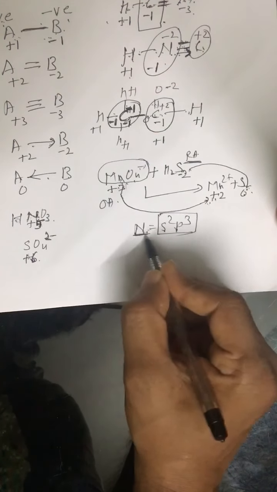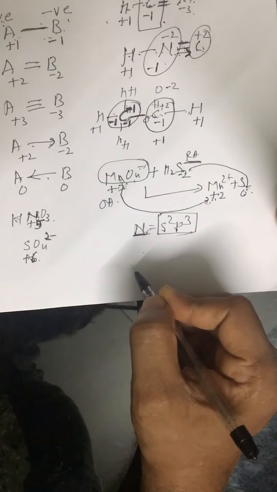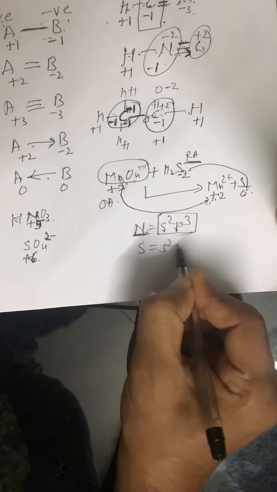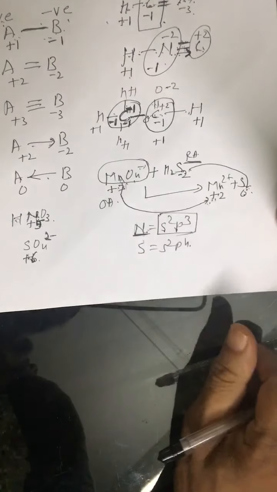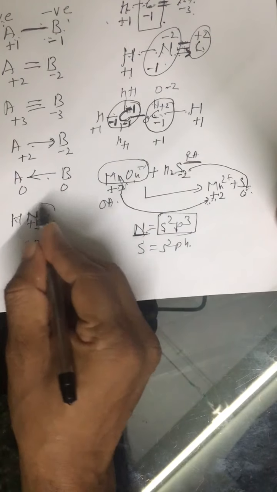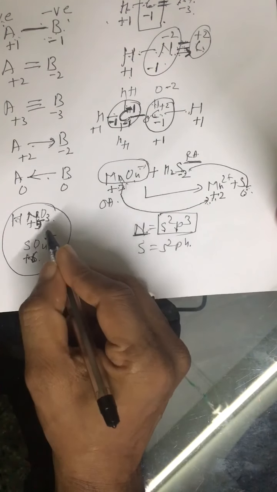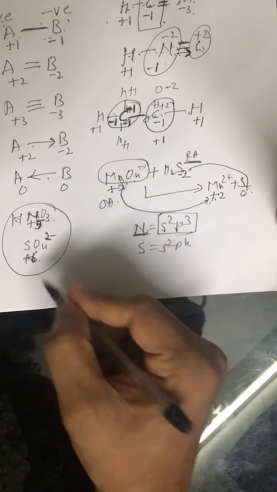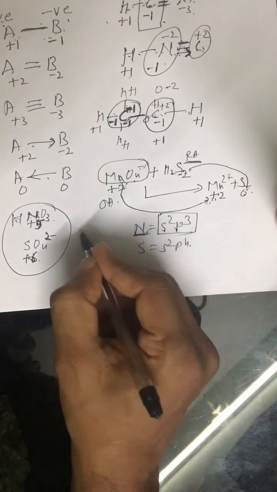Otherwise, the highest possible oxidation state of nitrogen is +5. Sulfur is 3s2 3p4, so the highest possible oxidation state is +6. So if the oxidation state of the central atom is highest, it cannot be further increased, it can only be reduced. So if they are self-reduced, the function is oxidizing agent.